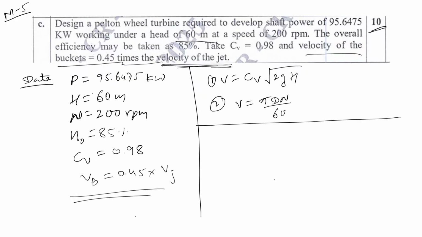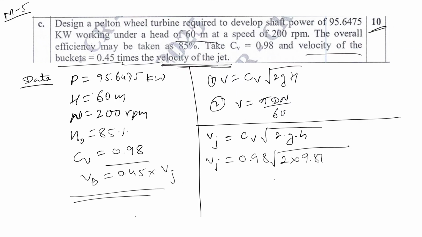First one, velocity of the jet, Vj is equal to Cv square root of 2 into g into H. Substitute all the values, we will get Vj is equal to Cv is 0.98 square root of 2 into g is 9.81 into head is equal to 60. After solving this equation, the velocity of jet is equal to 33.62 meter per second.